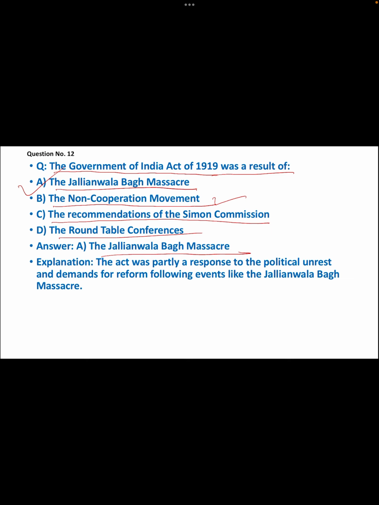So the next one is about what the recommendation of the Simon Commission was.